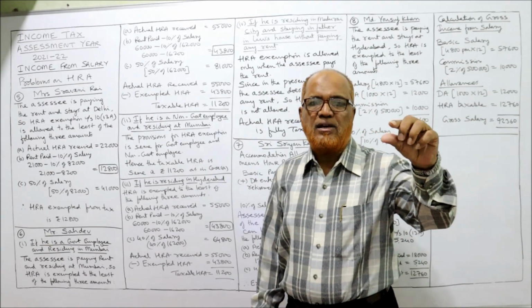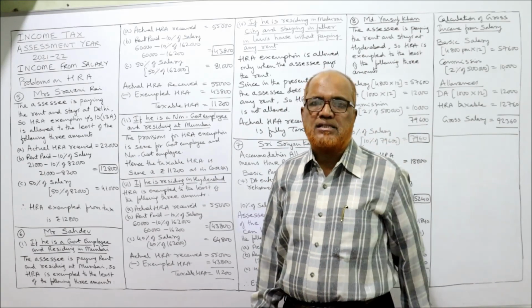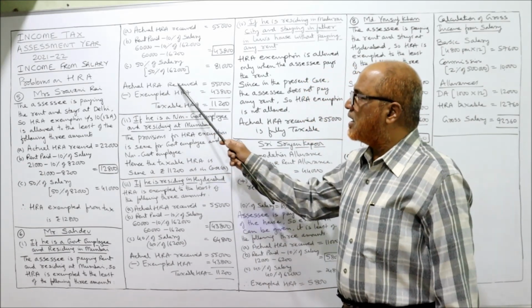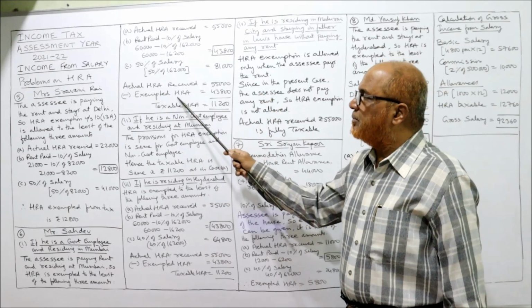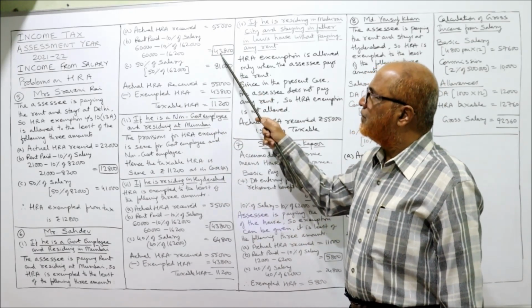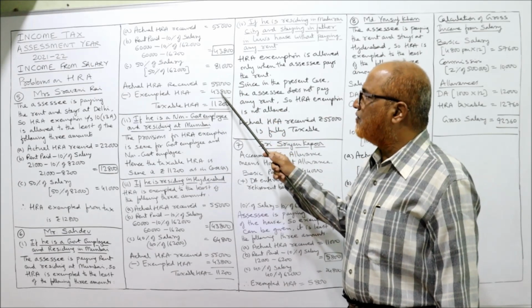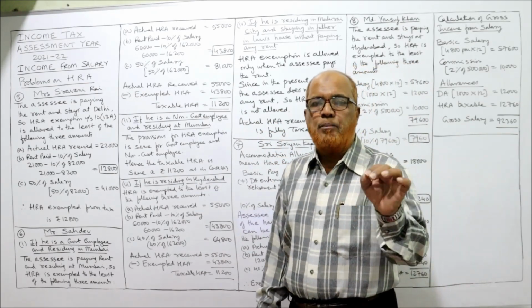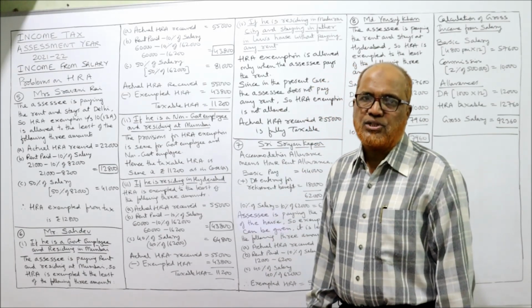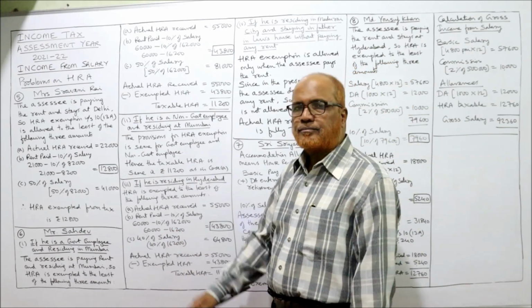Actual HRA received minus exempted HRA. Actual HRA received is 55,000, minus exempted HRA, which is the least one, 43,800. Deduct 43,800, 11,200 is called the taxable HRA. That's it. First case complete.